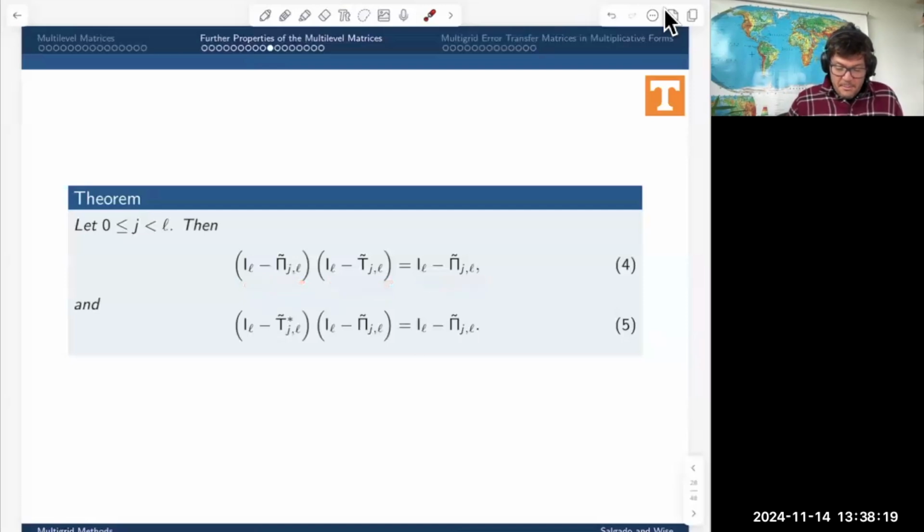If I pre-multiply by its adjoint, so this matrix, then I'm left again with just this. In other words, I get right back the error in the coarse grid projection. So these properties don't look like they're that interesting, but they become very powerful when we try to express error transfer matrices.